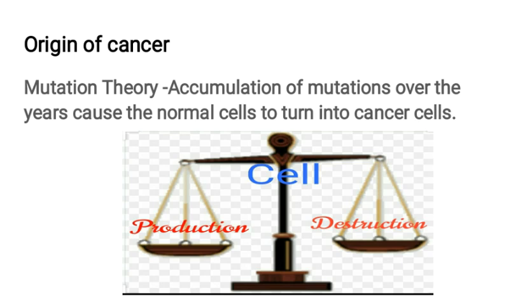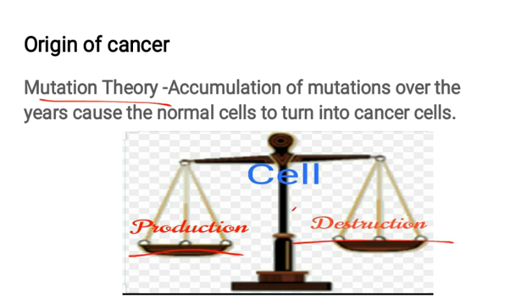Okay, the origin of cancer. There are many theories which tell us about the origin of cancers. One famous theory among them is the mutation theory. According to this theory, the main cause behind cancer is mutation in the genetic material. When these mutations accumulate over years, they eventually lead to cancer. Generally in our body, there is a balance between cell production and destruction.